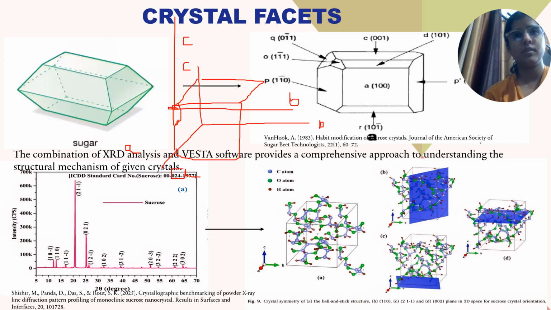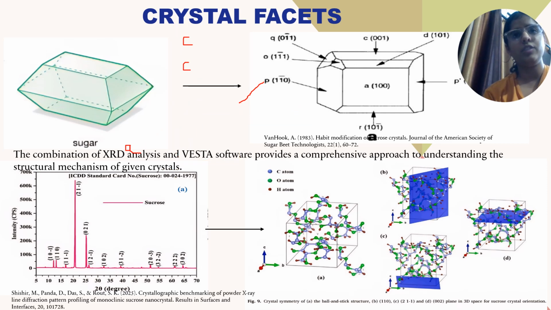Now, as the crystal which was given to us was a sucrose crystal, I have taken the XRD data of a sucrose crystal, which shows peaks at planes 2 1 -1, 0 2 1 and 1 1 0.